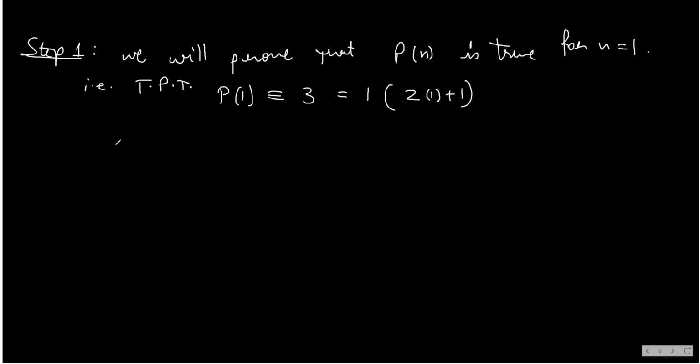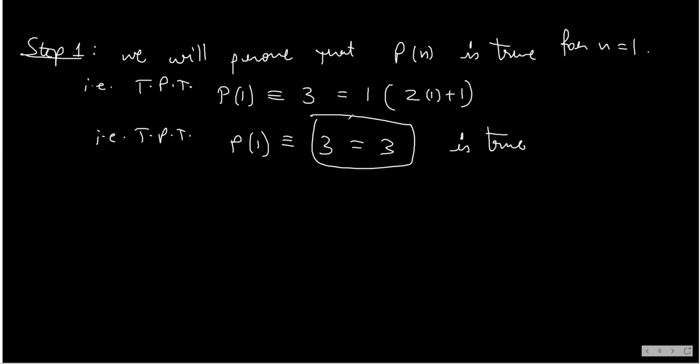That is to prove that P of 1, which is 3, equals 3 into 1, which is 3. That is to prove that 3 equals 3.